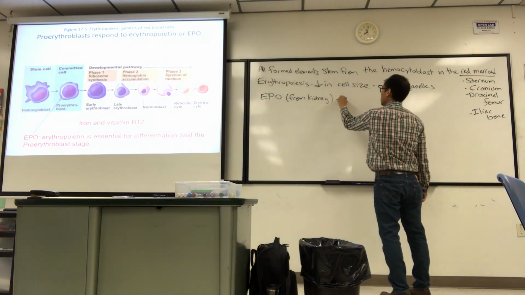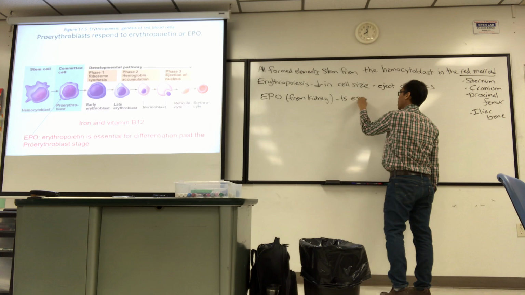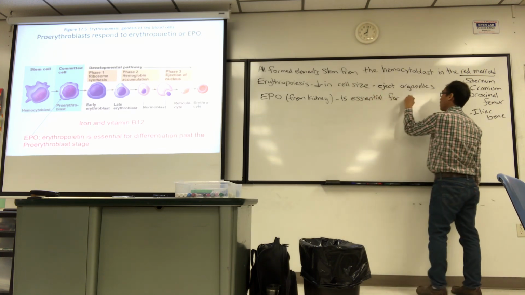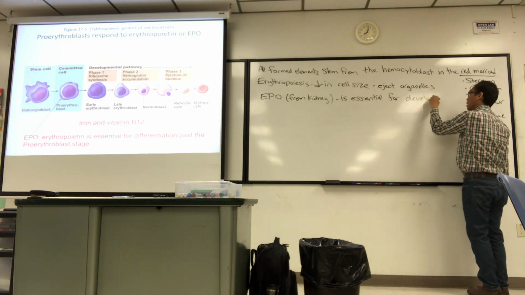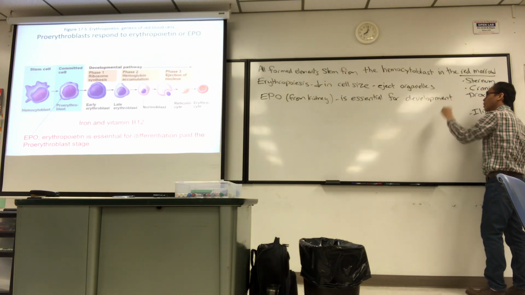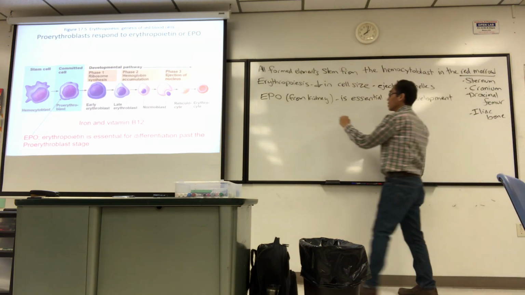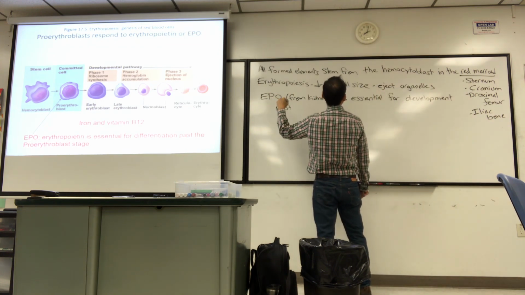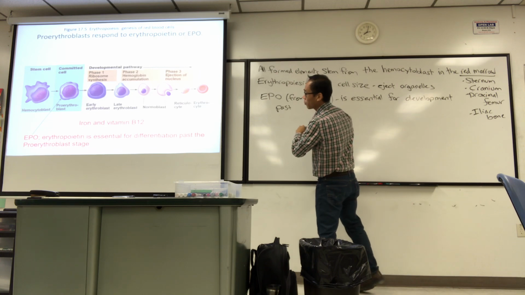Erythropoietin is essential for development past this proerythroblast stage.